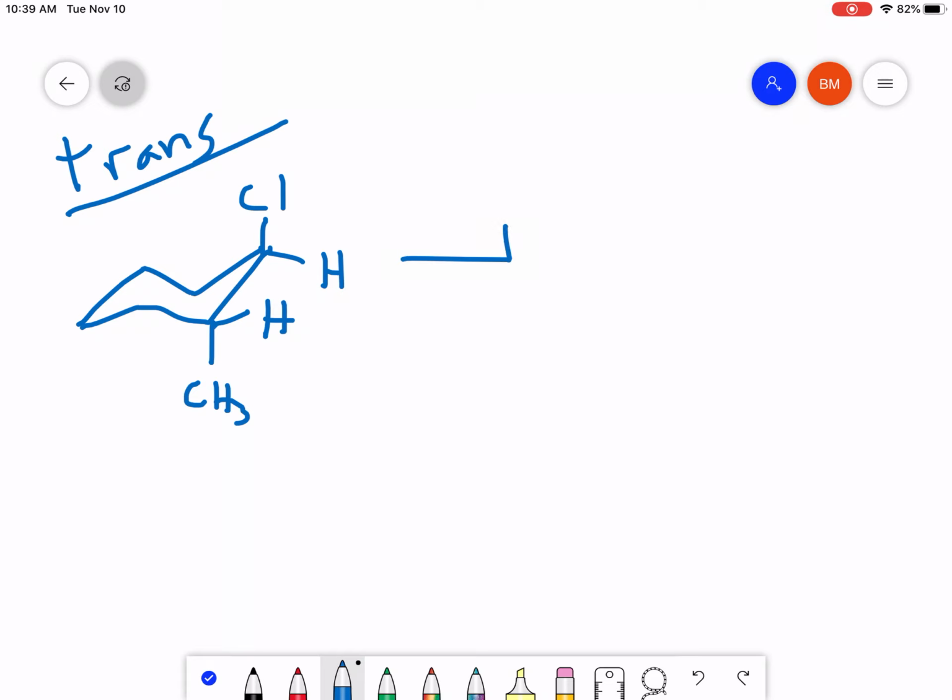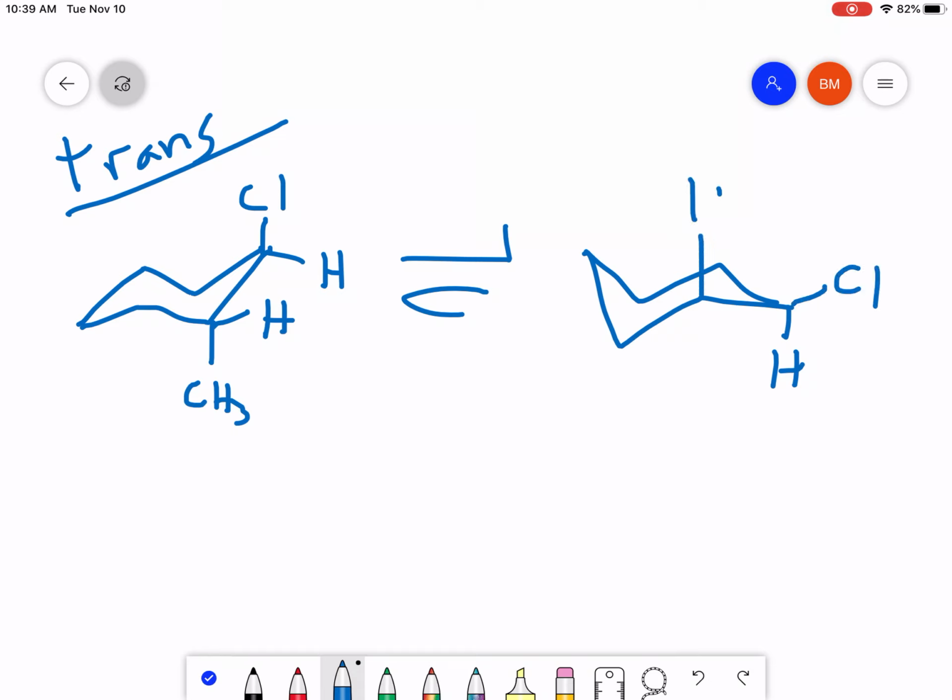And then we can, of course, draw the ring flip, which looks like that.